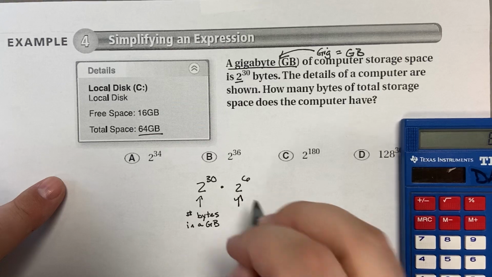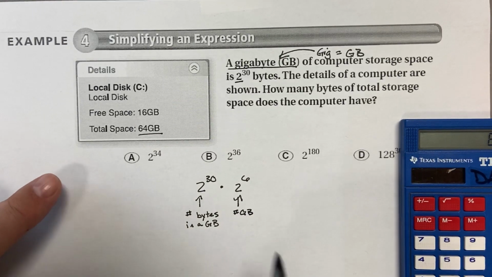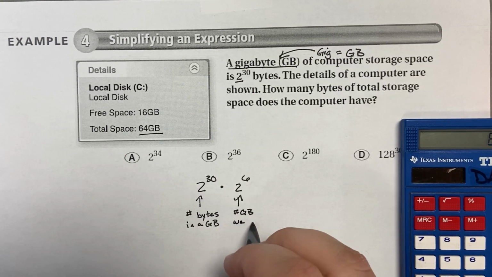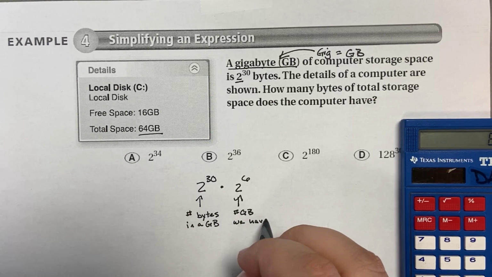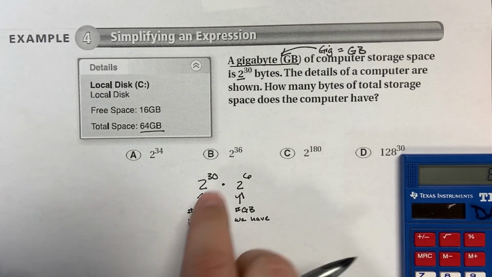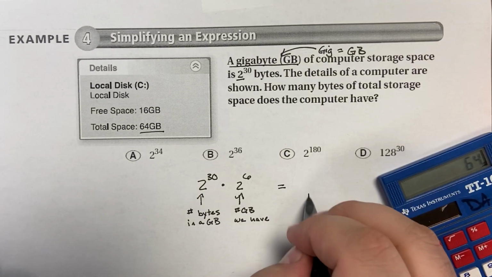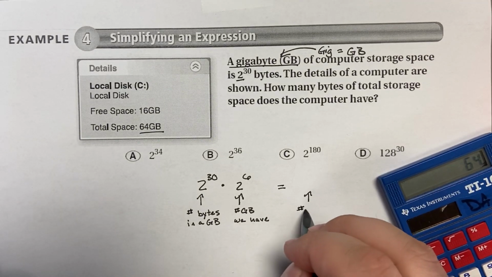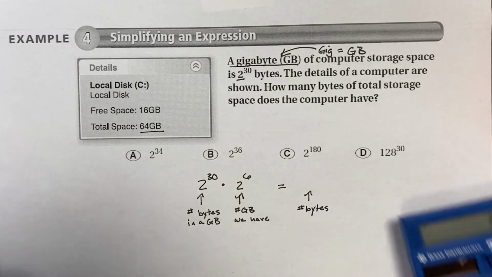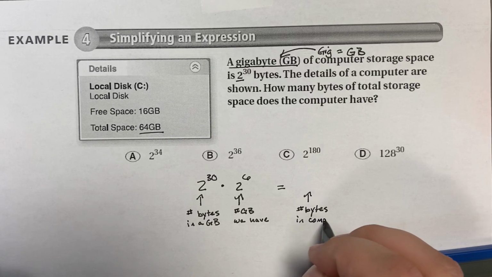If I multiply the number of bytes in a gigabyte by the number of gigabytes we have, I will end up with the number of bytes in our computer.